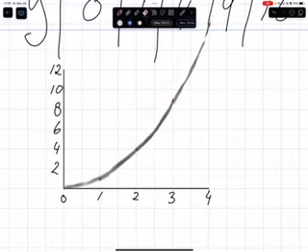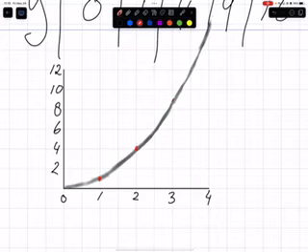Something like that. Yes, it's a curve, as you can see, it's a curve. Yes, we all have it?